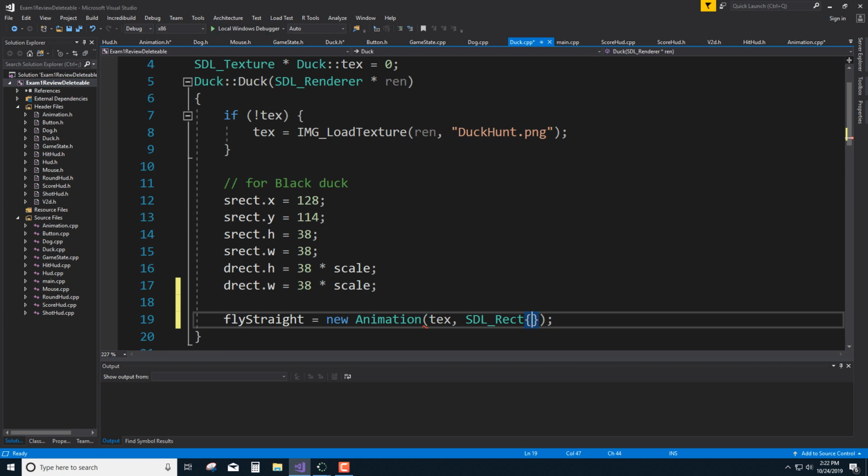The only thing that's really different are the animations. So what we can do is create the animations after we create the duck. Tell you what, we're just doing a black duck right now anyway, so we're going to custom tailor this to the black duck, and then we will override it if we need to.